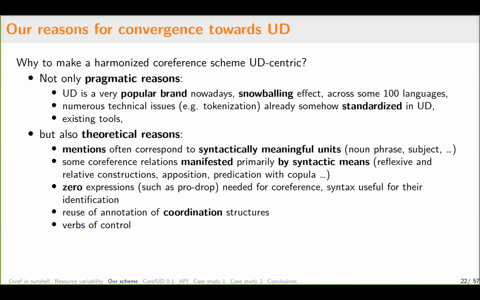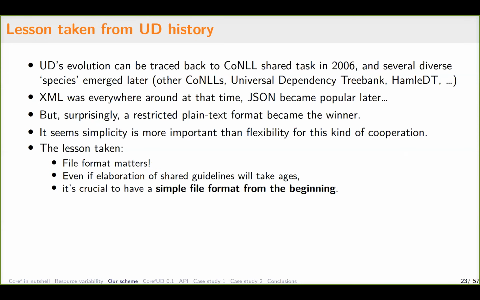And you can hardly reconstruct a zero token or node without considering syntax. And there are quite a few other reasons. So the choice was not done only because of the pragmatic reasons, but also because of the linguistic ones.